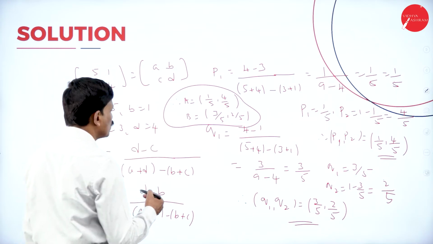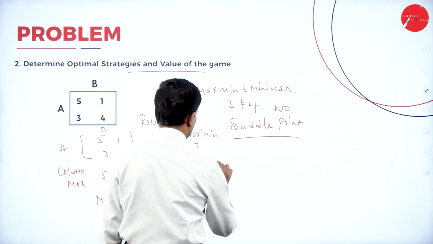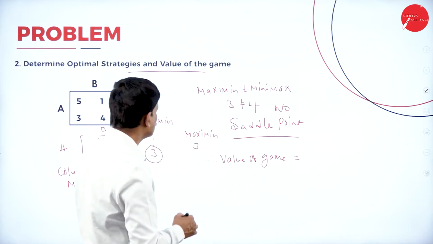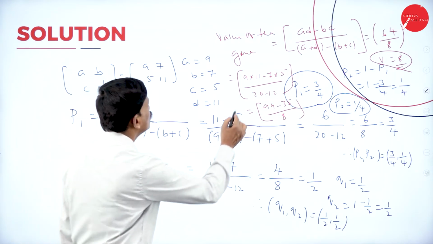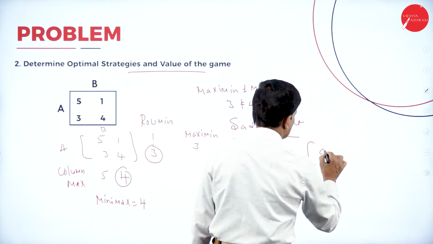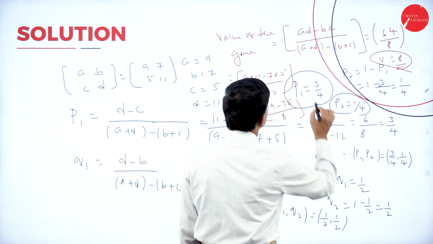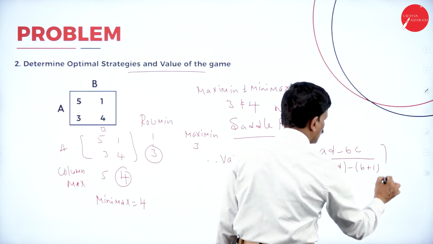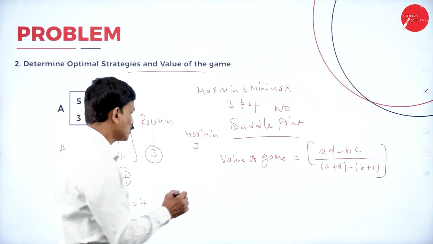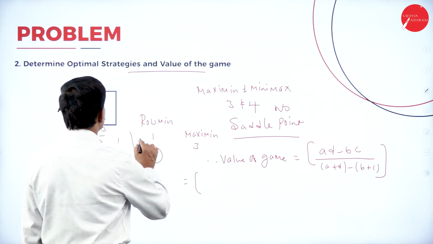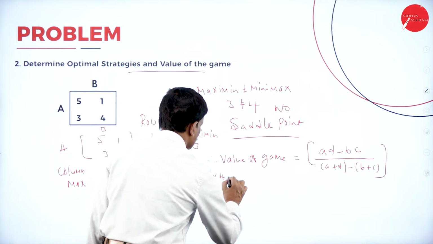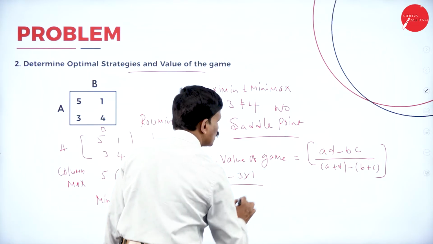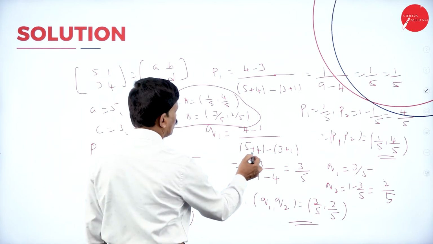The value of the game is equal to, same as the previous problem, AD minus BC divided by the same denominator, A plus D minus B plus C. This is the value of the game. Now simplify this. Substitute. What is A into D? 5 into 4 minus B into C, 3 into 1, divided by the same denominator, 5 plus 4.